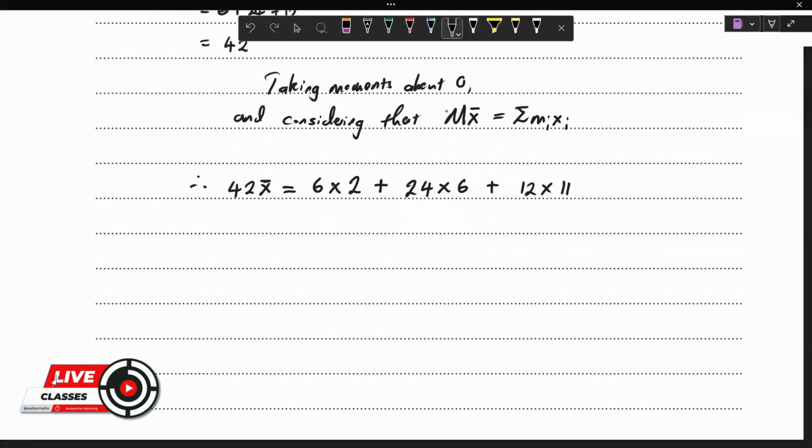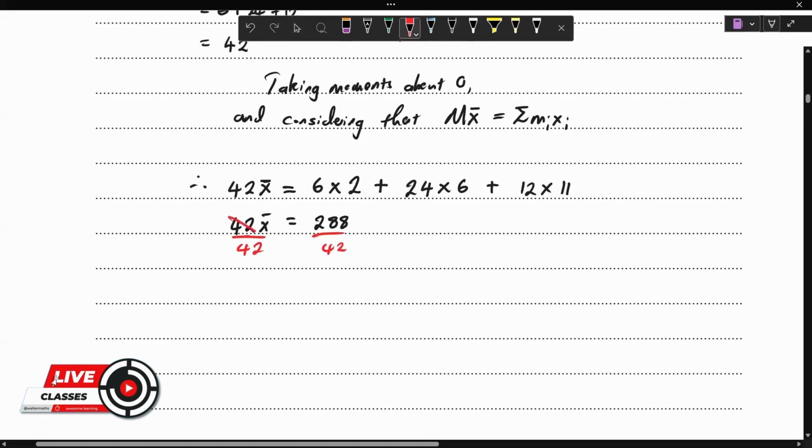So that's 42 x bar is equal to 12 plus, okay, let's just do the whole calculation all at once. That's 12 plus 24 times 6 plus 12 times 11. And I'm getting 288. Are you getting the same? Yes, sir. Okay, then we divide both sides by 42.